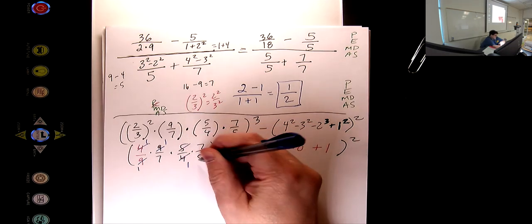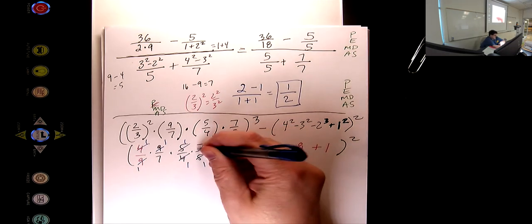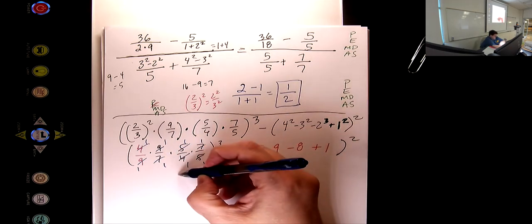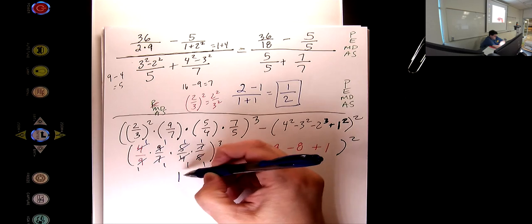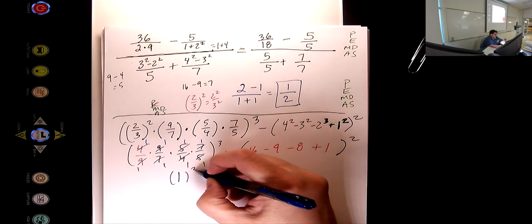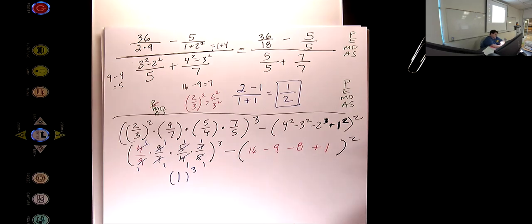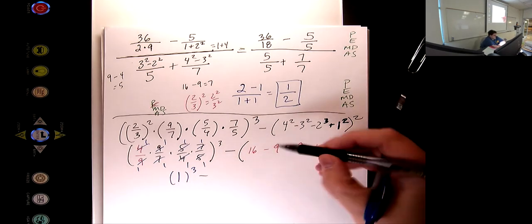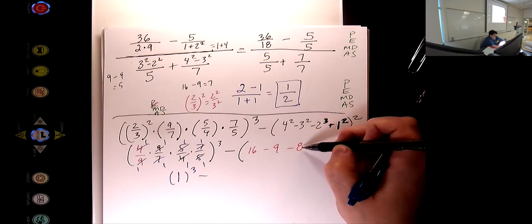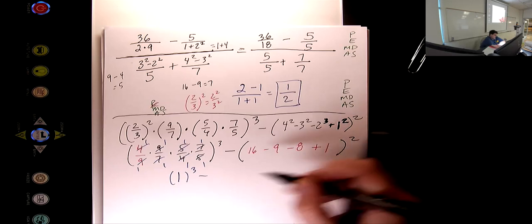This 5 will cancel with that 5. And this 7 will cancel with that 7. So what I'm left with is 1 times 1 times 1 times 1 is 1. And over here we have 16 minus 9 is 7. 7 minus 8 is -1. And -1 plus 1 is 0.